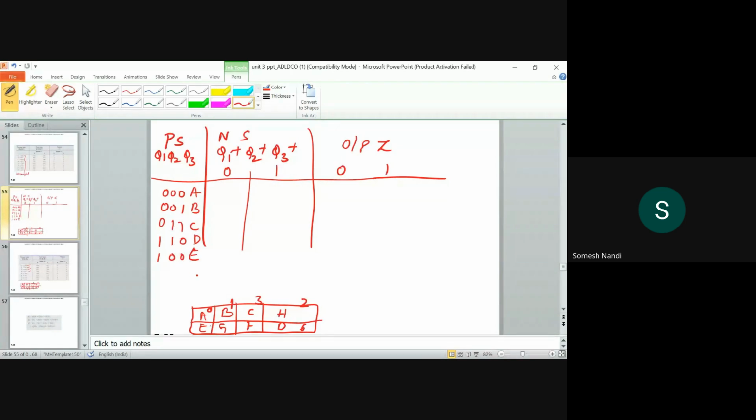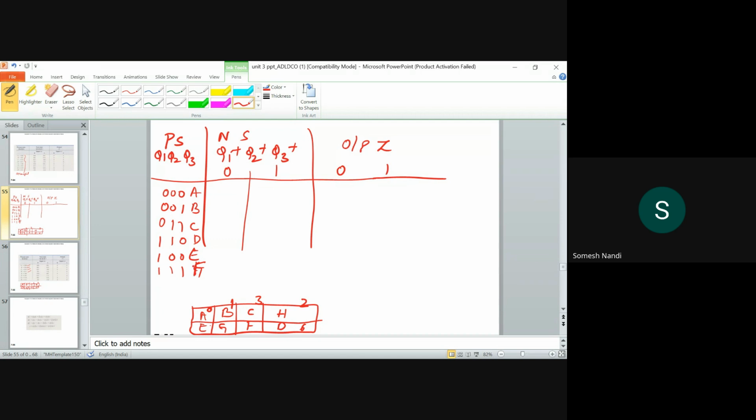Then you have G. G is what? F should come in order if you take. What is F? F is 7.